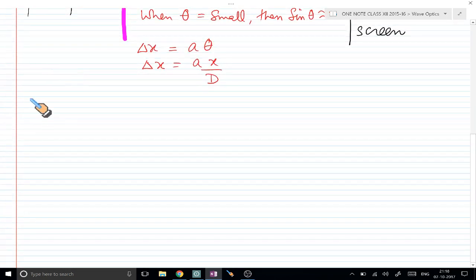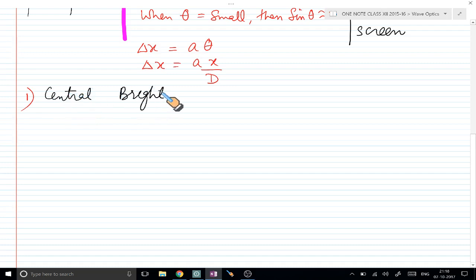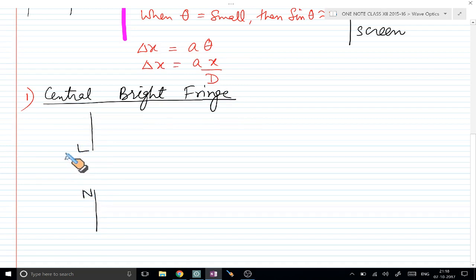The first thing is the central bright fringe. Now let us consider the aperture again. We have an aperture LN of width small a, and this is our screen.